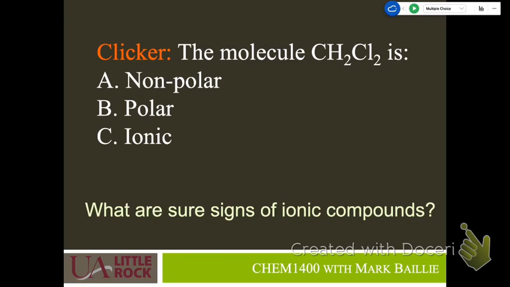So if you see SO4 2-, you know it's an ion, right? But if you see Na2SO4, it doesn't say it's an ion on it. You have to know that that cluster of atoms, the SO4, is going to be found as an ion.